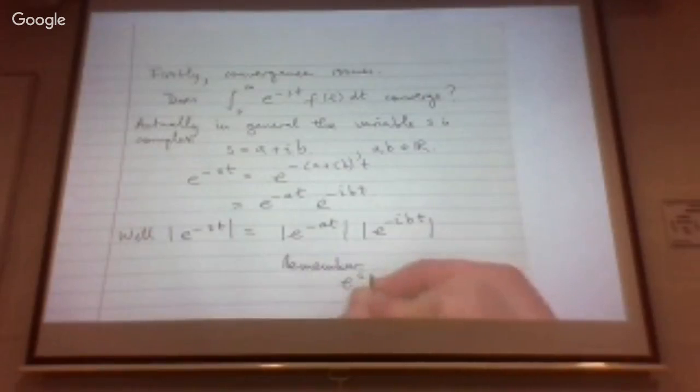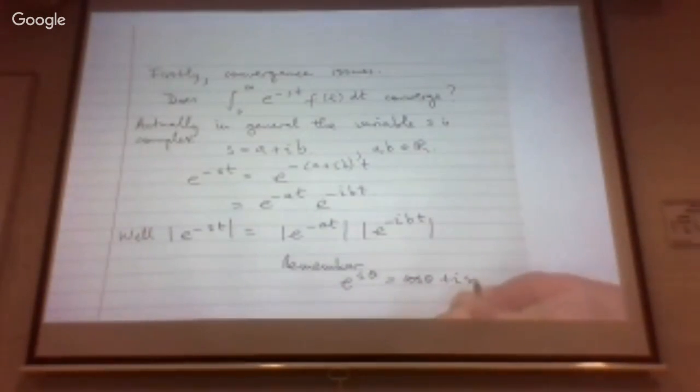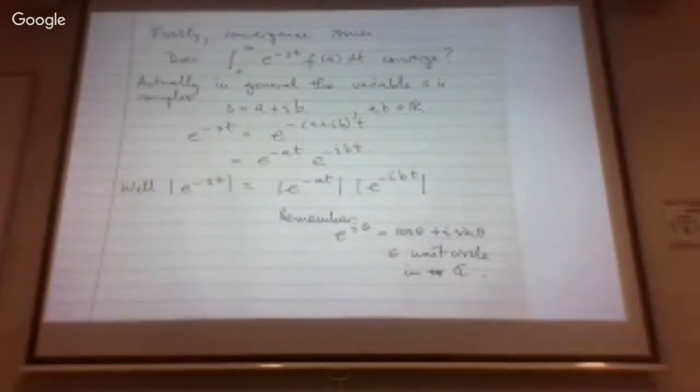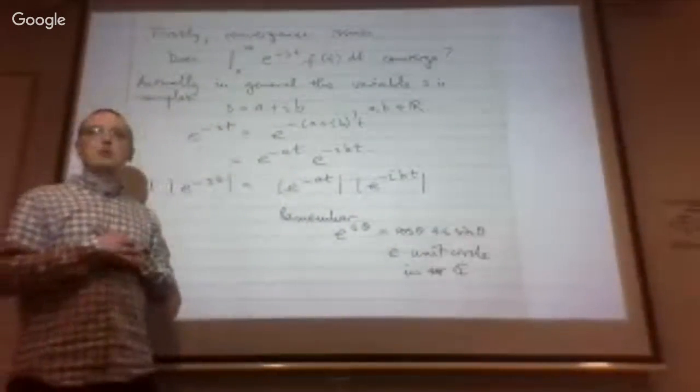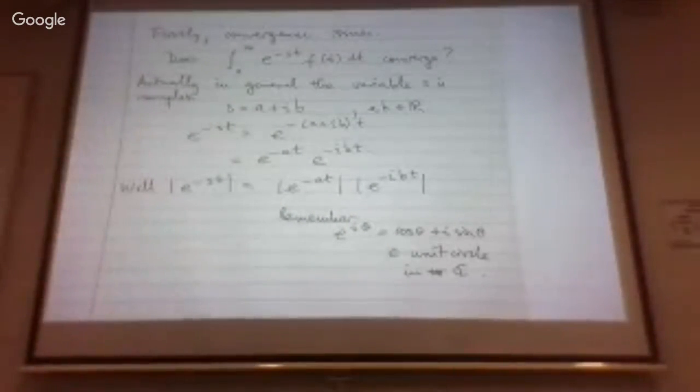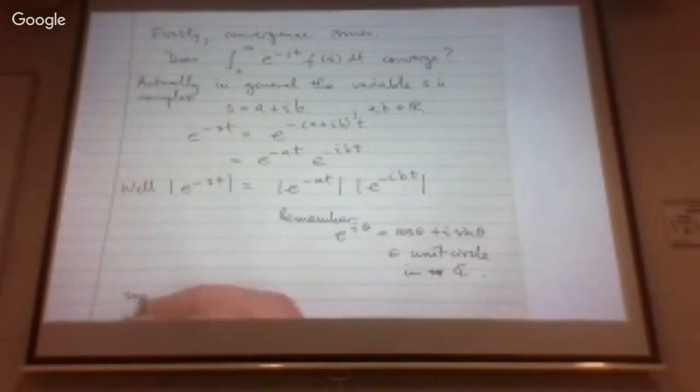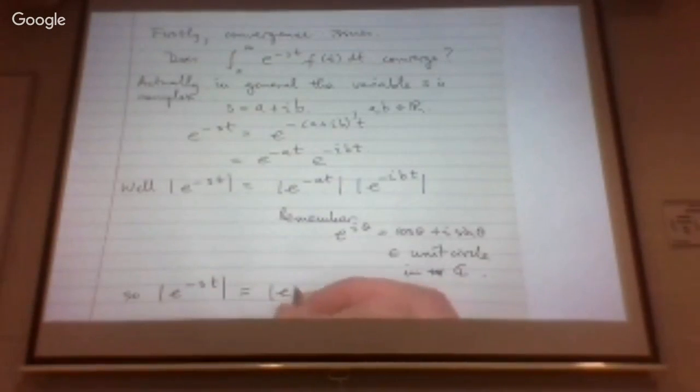Remember, if you have e to the i anything, it's cosine theta plus i sine theta. So in other words, it's an element of the unit circle in the complex plane. An exponential raised to an imaginary power has absolute value 1, has magnitude 1. So the absolute value of e to the minus st is just equal to the absolute value of e to the minus at.